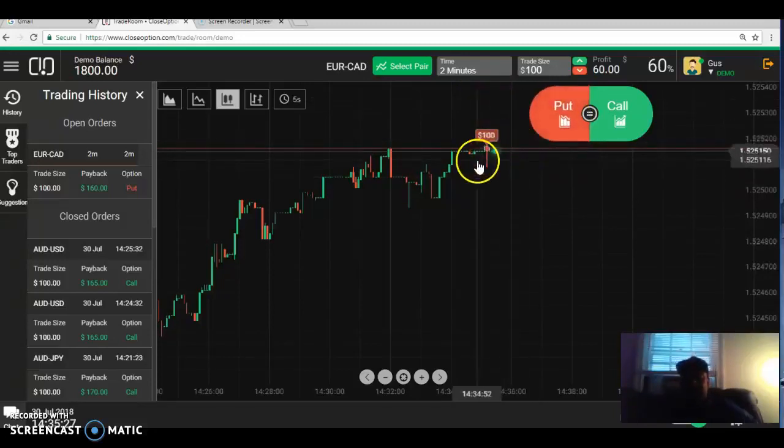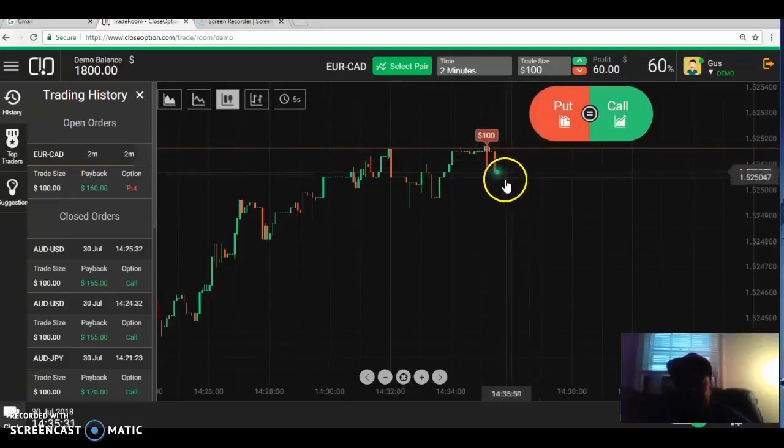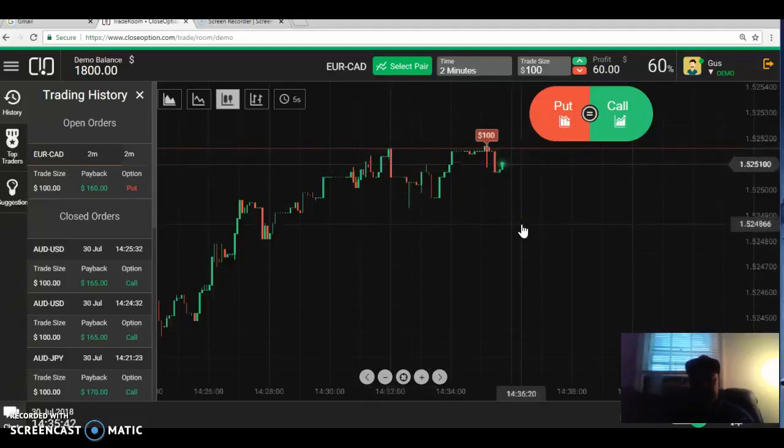I hit a put trade for $100, and let's see how it goes. Okay, it's starting out okay. It's managed to push downward, which I predicted, based on this level of resistance here. So we're going to sit back and wait for this 2-minute option to expire.